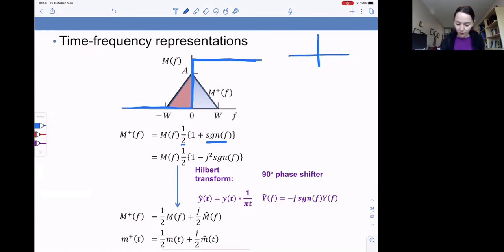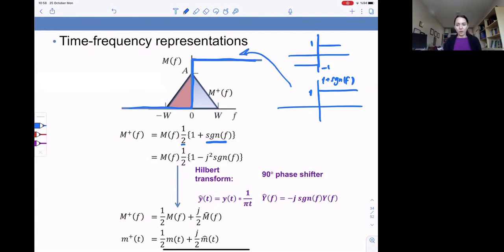Because the signum function is +1 -1, and 1 plus the signum function would be at 2, but if you divide it by 2, you get 1 plus signum, which is exactly the filter we're looking for.